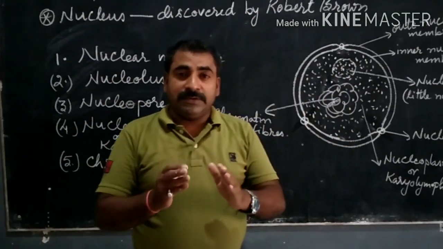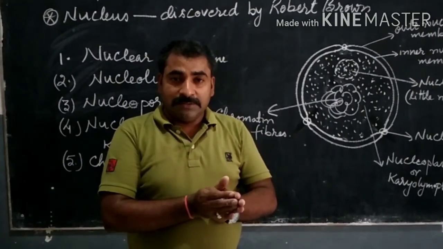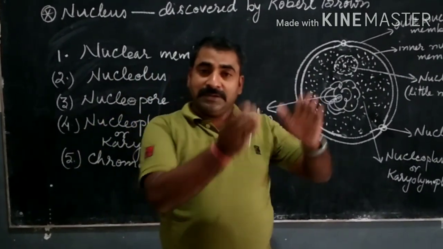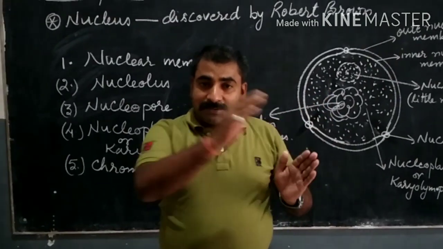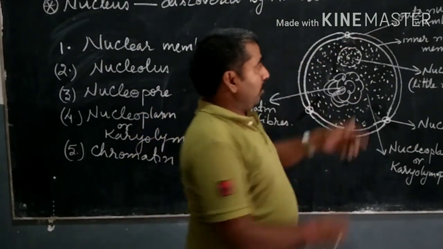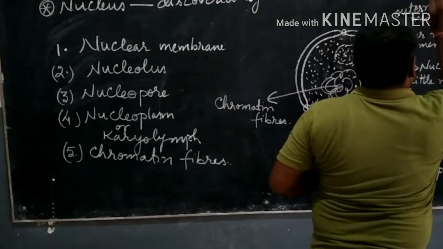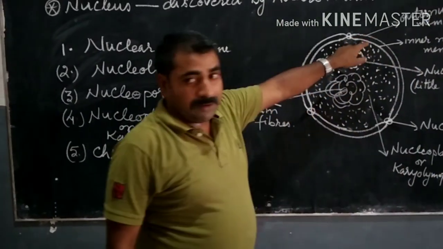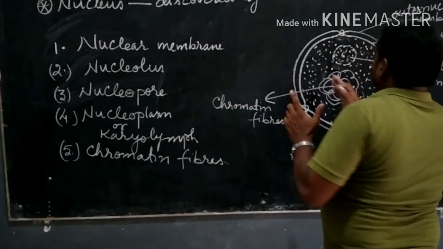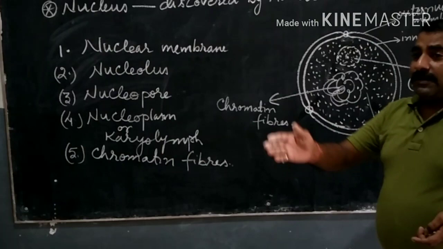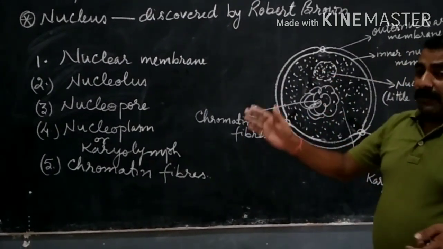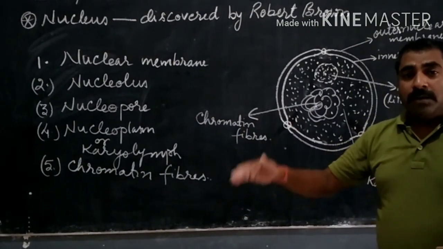The materials present inside the nucleus and the materials present in the cytoplasm are separated by nuclear membrane, that is, both outer nuclear membrane and inner nuclear membrane. So nuclear membrane acts as a separating or limiting boundary which separates the cytoplasmic material from nuclear material.